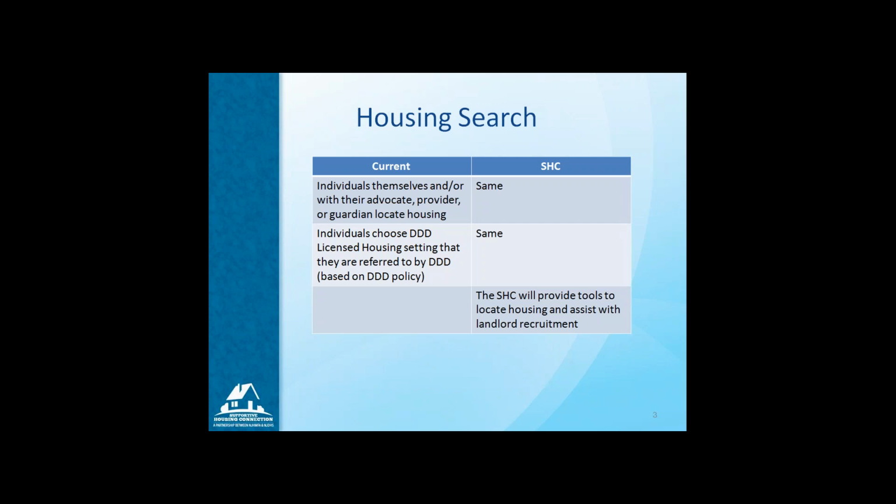That remains the same under the Supportive Housing Connection. One thing that is different now is that the Supportive Housing Connection can provide tools to locate housing and assist with landlord recruitment. I also want to clarify that someone coming out of a developmental center can, with their guardian, select a licensed group home as recommended by their provider.